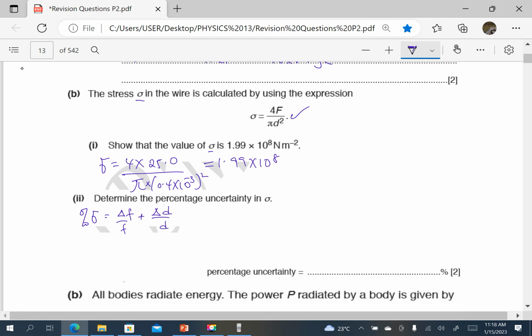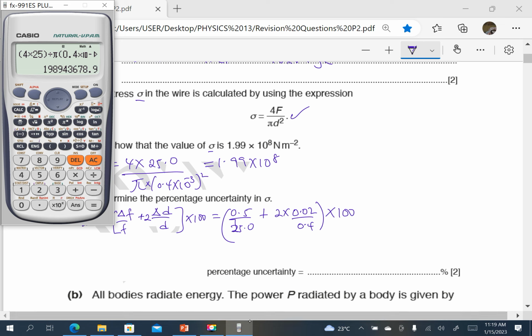So there should be a 2 somewhere here. And this will be multiplied by 100. So this will be equal to, for F is 0.5 over 25.0 plus 2 times D, which D is 0.02 over 0.4. And this should be multiplied by 100 to get percentage.